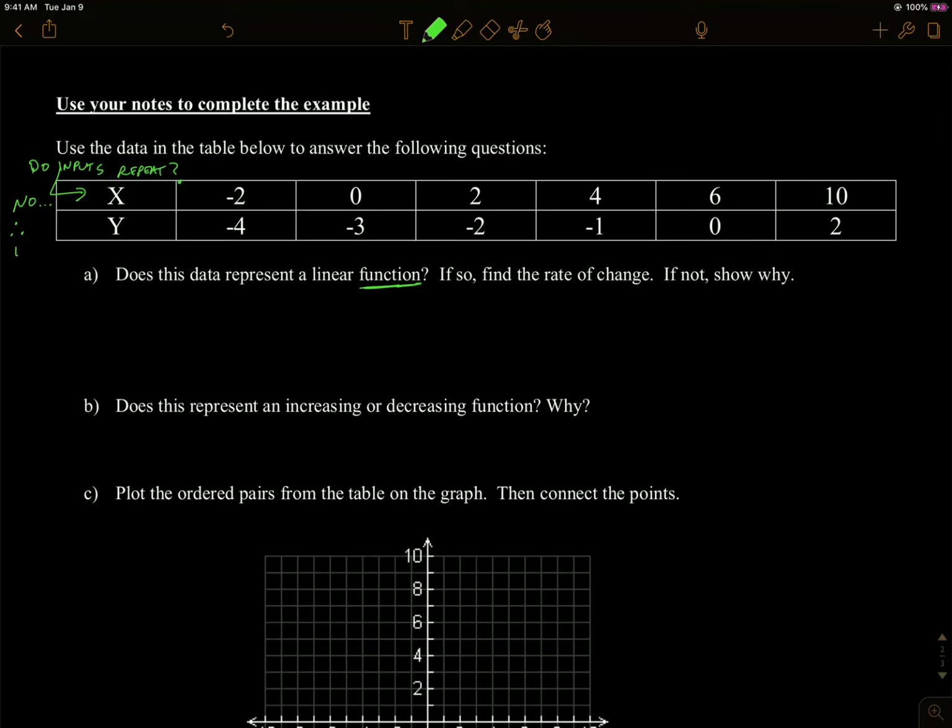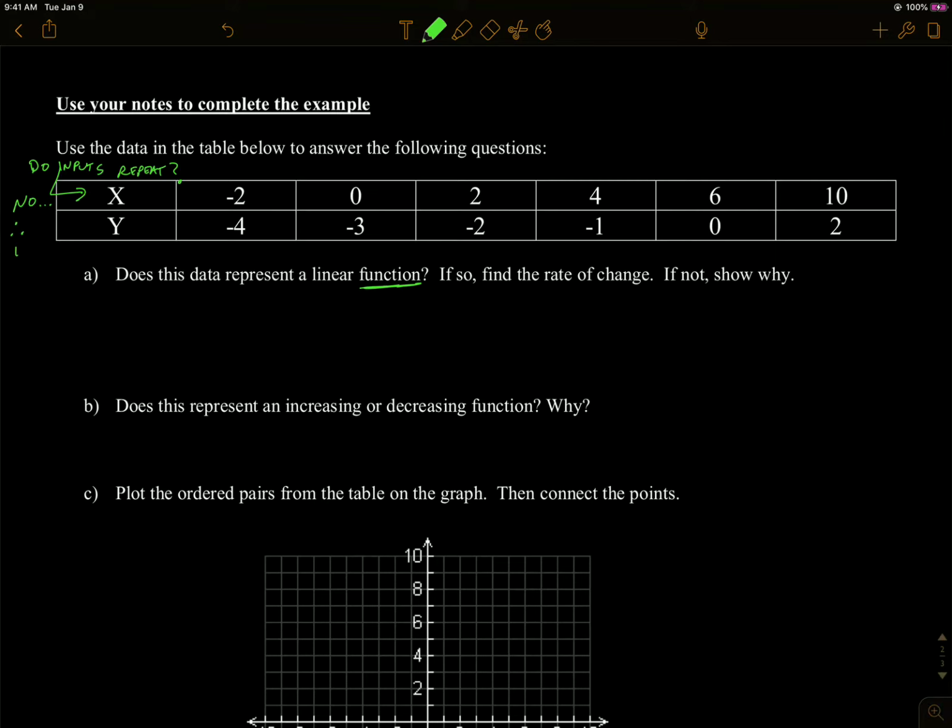That's okay that it changed like that as long as we keep the same fraction every time. My change in x's go up 2, up 2, up 2, up 2, up 4. This looks like it's going to be okay. It looks like what's happening here is we skipped a step. That's why the x's went up doubly and the y's also went up doubly.